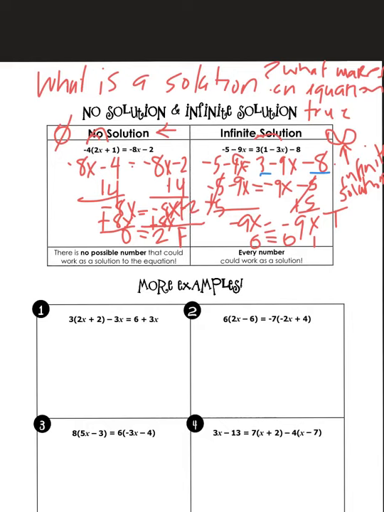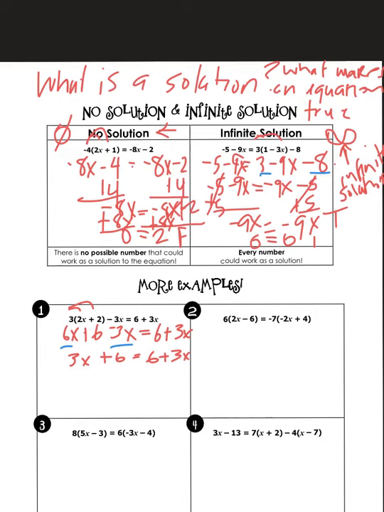All right, number 1. Let's get started here. 3 needs to be distributed: 6x plus 6 minus 3x equals 6 plus 3x. Let's combine like terms. 6x minus 3x is 3x, plus 6 equals 6 plus 3x. Now I'm going to stop right here.